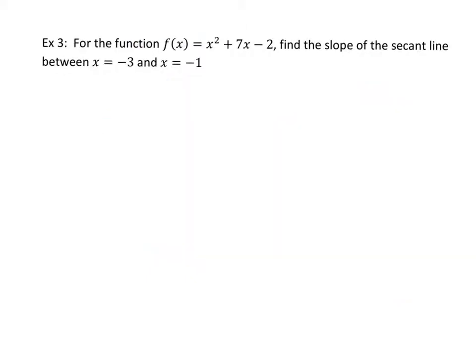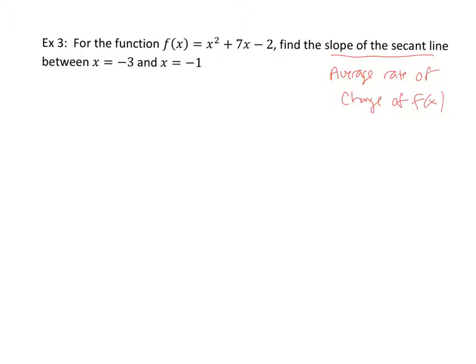Here we have a similar question. It's emphasizing the graph itself. It says for the function f of x, find the slope of the secant line between x equals -3 and -1. Well, the slope of the secant line is the average rate of change. Okay, that is the average rate of change.